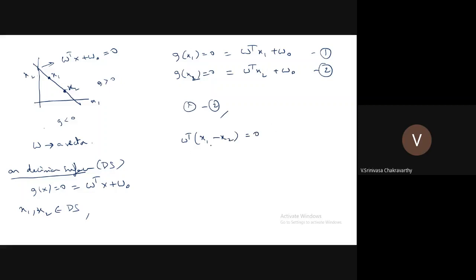What's the geometric meaning of this equation? Because x1 minus x2 is a vector, W is a vector, W transpose times x1 minus x2 is 0. What's the meaning of this?